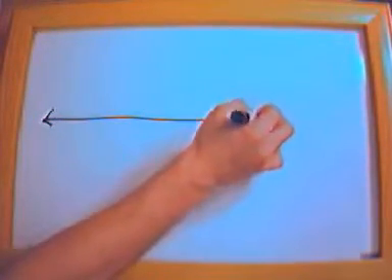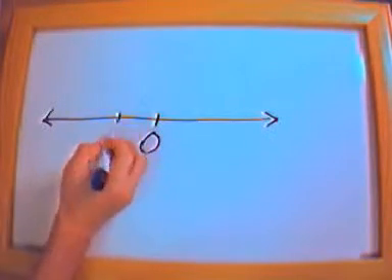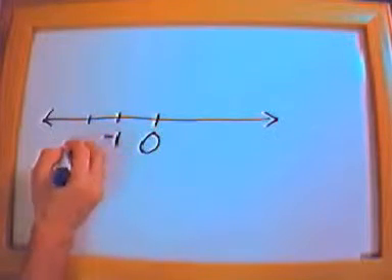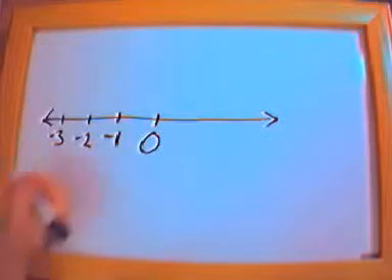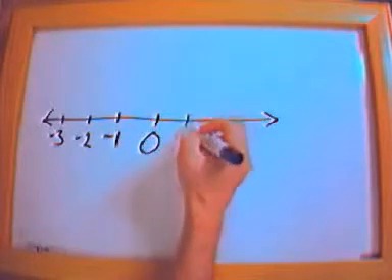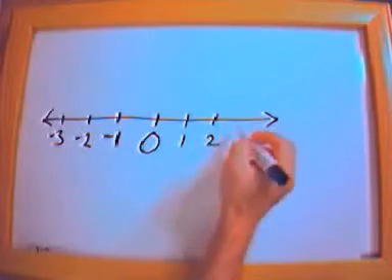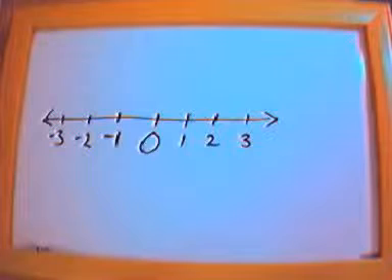It goes on to infinity in both directions, and here is 0 at the center. To the left-hand side of 0, I have my negative numbers, -1, -2, -3, and it goes on down to negative infinity over here. To the right-hand side, I have +1, +2, +3, and again, to the right, it goes to positive infinity. And this is what we call a number line.